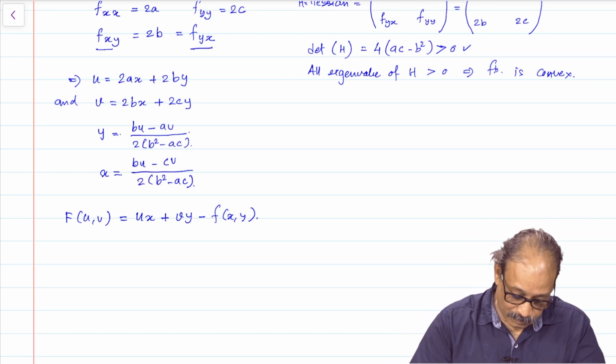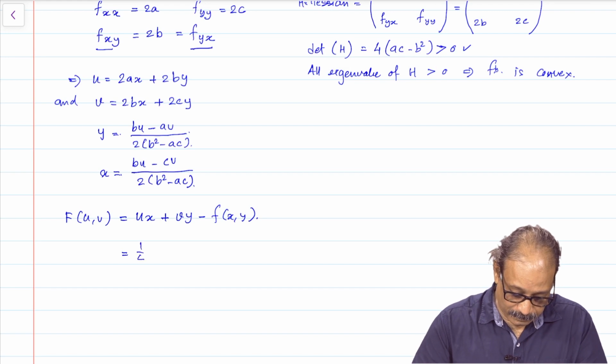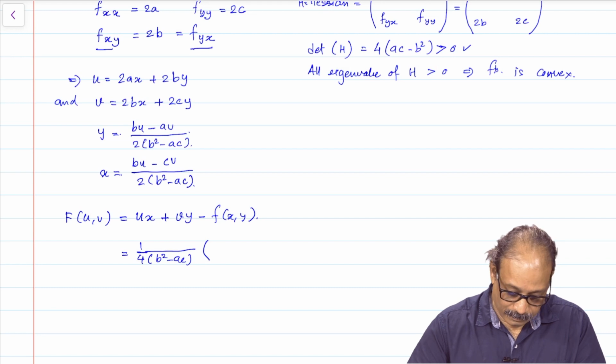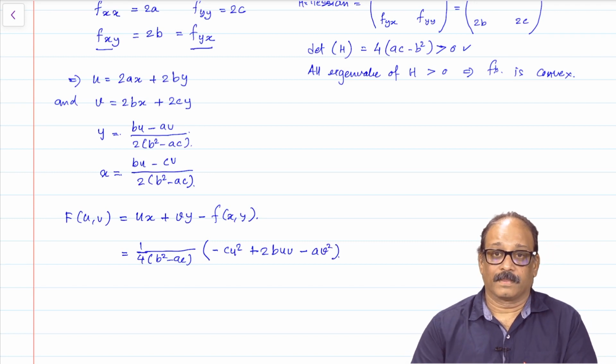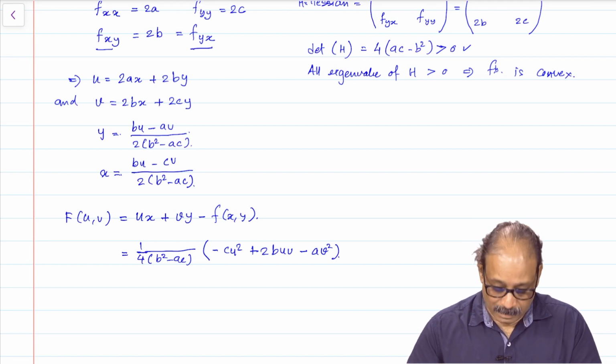And this turns out to be, I will write down the final answer, which is 1/4 (b square minus a c) into minus c u square plus 2 times b u v minus a v square. There you go. Okay. So, this is how we take the Legendre transforms. Fine.